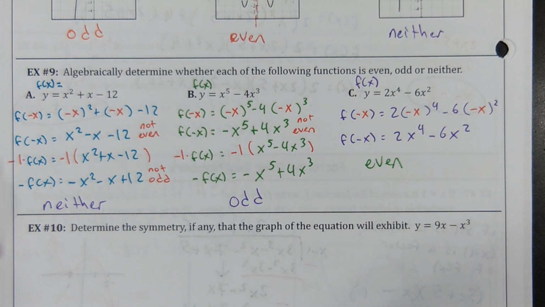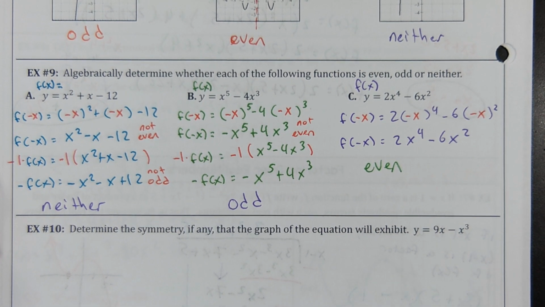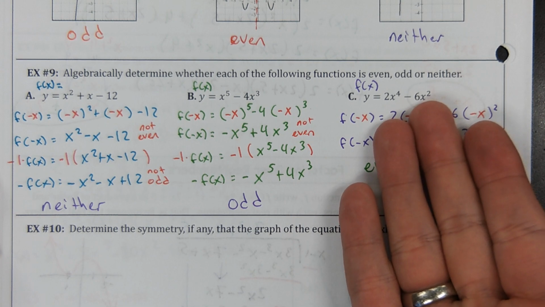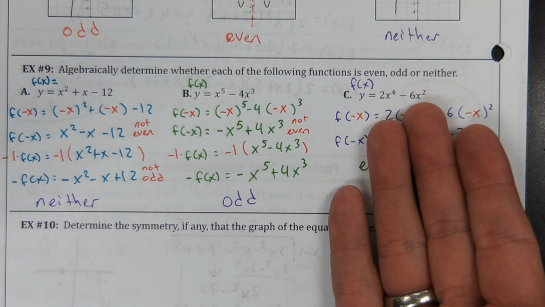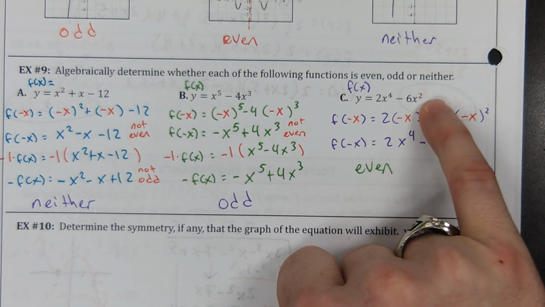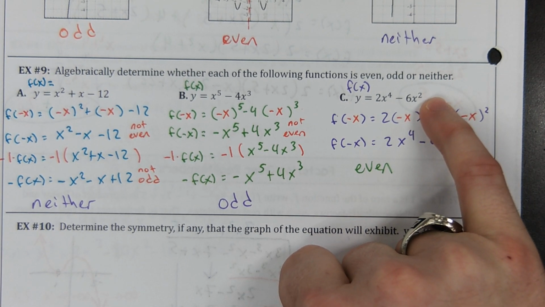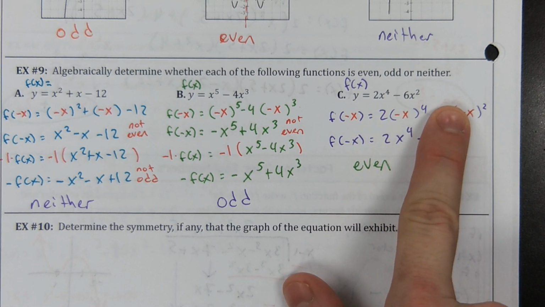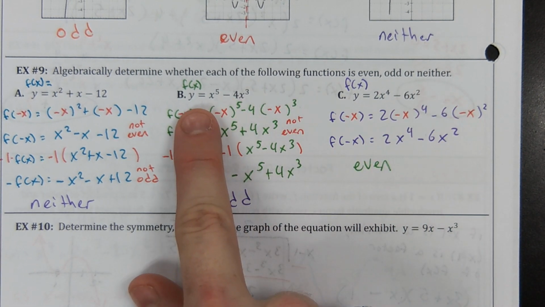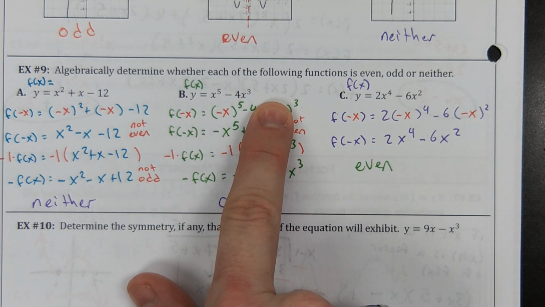In order for a polynomial to be even, every exponent must be even. Notice I didn't say every term had to have an x though, because if I stuck like a +3 on the end of this, it's still an even function. So in order to be even, every exponent must be even. In order to be odd, every term must have an x with an odd exponent.